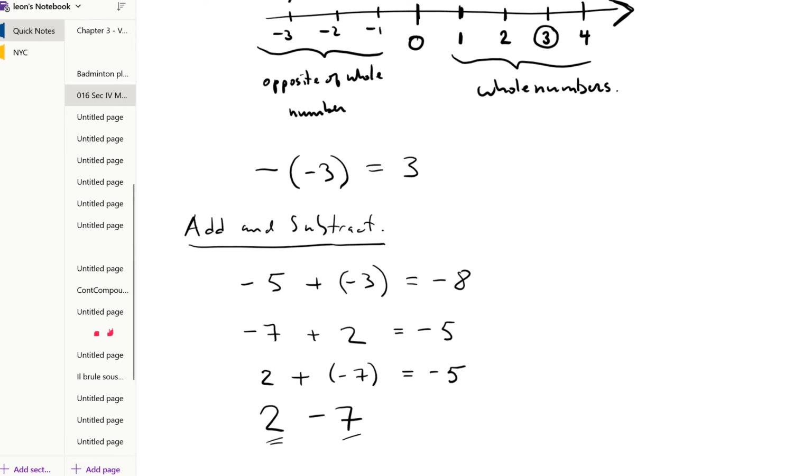If I subtract a number that's a little larger than 2, so 7, that makes sense if I think of that in terms of an addition. So we can think of subtractions as being addition. When you're subtracting 7, you're adding the opposite of 7. That's the exact same thing. And then we end up at -5.